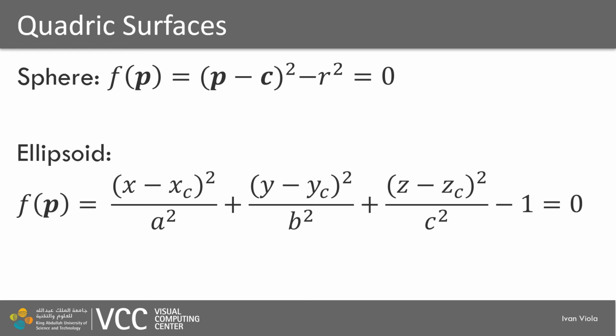We have one more scaling factor, C, which scales the extent or the elongation of the ellipsoid in the z direction. Other than that, the formulation is analogous to the two-dimensional case.